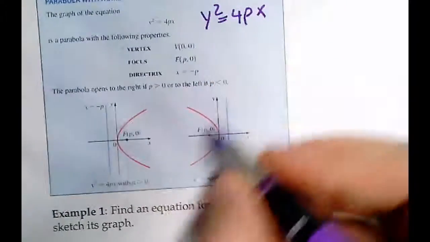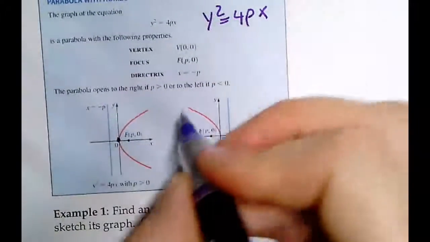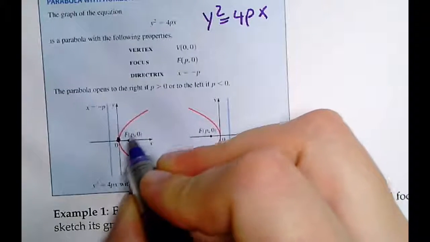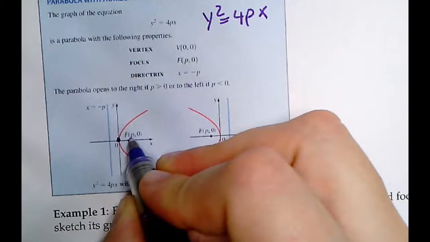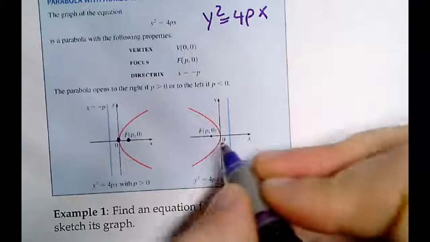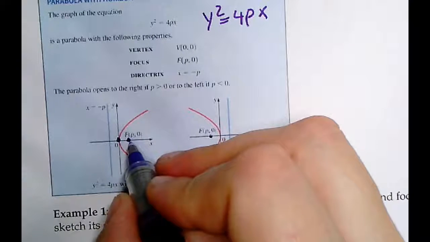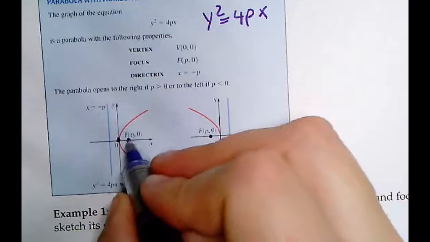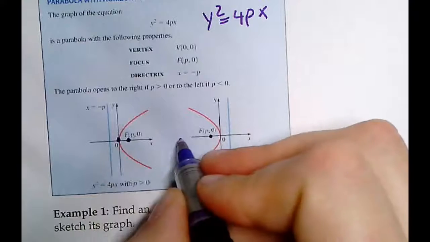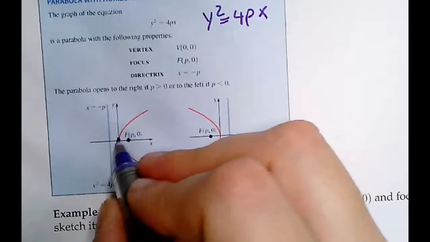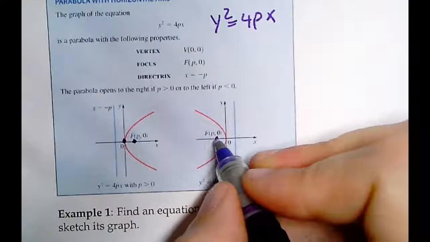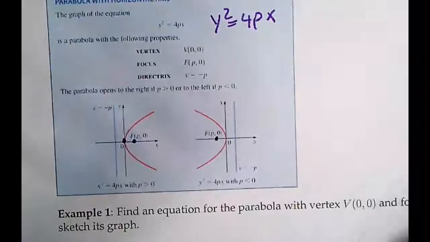So the vertex is still at the origin right here, but then the focus right now, the x-coordinate is p and the y-coordinate is 0 because the focus is going to be on the x-axis now. Okay, so if it opens to the right, then p, which is the x-coordinate of the focus, is going to be a positive number because it's to the right of 0. And if it opens to the left, the x-coordinate of the focus, which is p, is going to be a negative number.